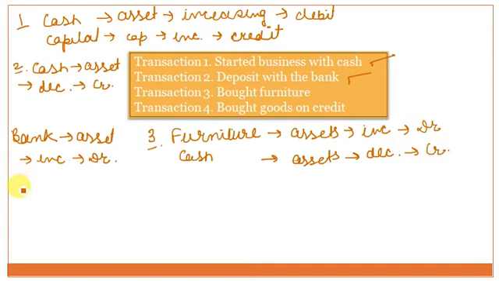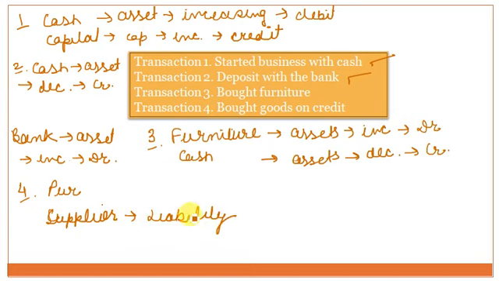And when we talk about transaction 4, bought goods on credit, like purchases and who? Credit means supplier. When we purchase goods on credit, that is our liability, and in this case our liability is increasing.